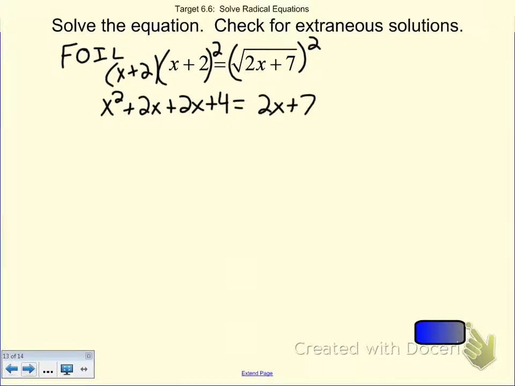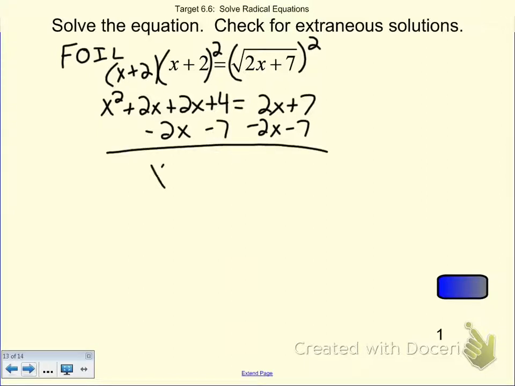I'm sorry, I forgot to show you guys the answer to see if you could check your work. The answer is 1. All right, so we're going to get everything to the side where the x squared is positive. So that means put everything on the left-hand side in this case. So we get x squared plus 2x minus 3 equals 0.